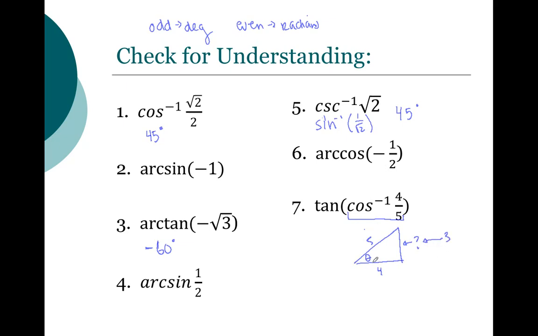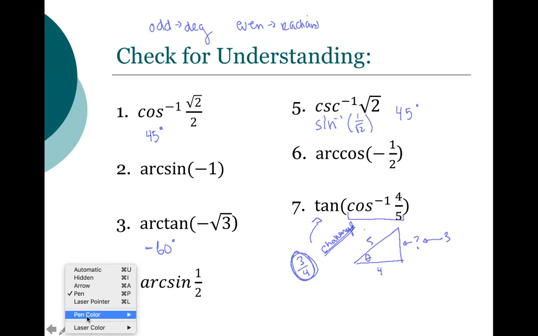So what's the tangent of theta? Oh my goodness. It's going to be 3 over 5. No, it's going to be 3 over 4. That's a challenging one, right? Because that really wasn't what I was even talking about. That's okay. Sorry, I don't think I intended to put that there, but never bad to practice.